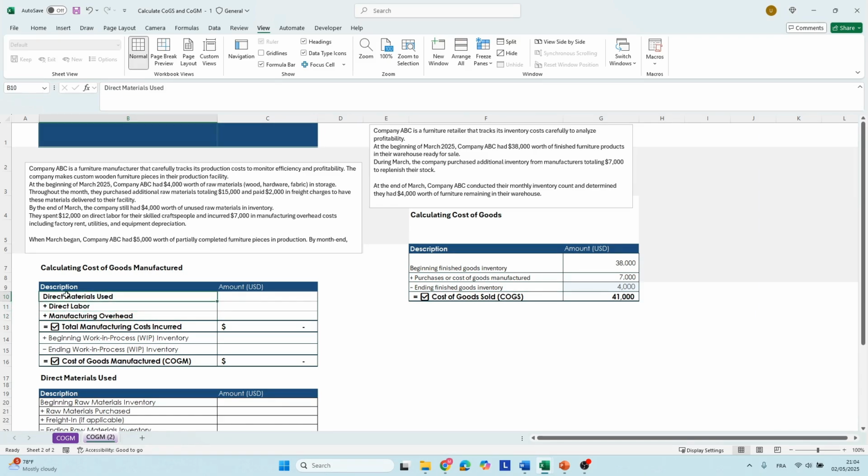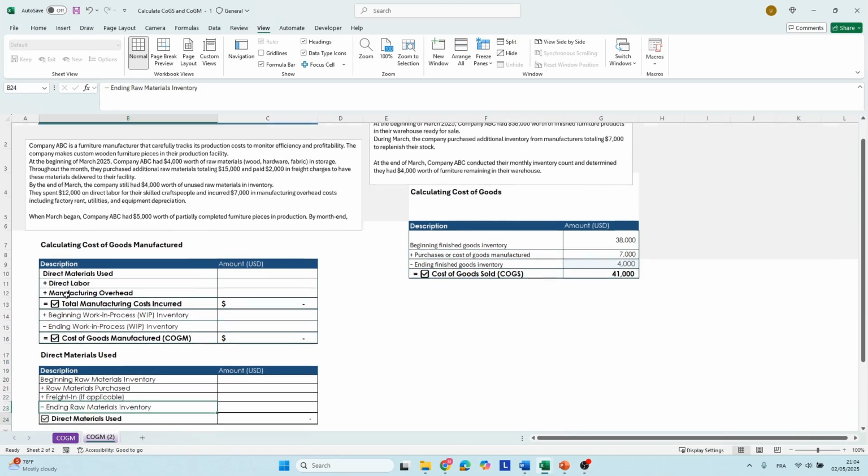We said before that it includes direct material, labor, manufacturing overhead. And we get the total manufacturing costs incurred during the period. We have work in progress at the beginning, minus the ending work in progress at the end of the period, and we get the cost of goods manufactured.